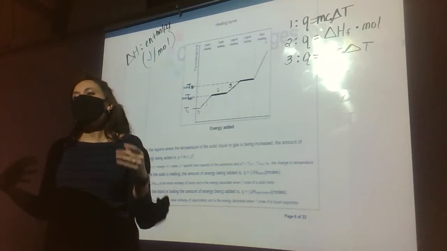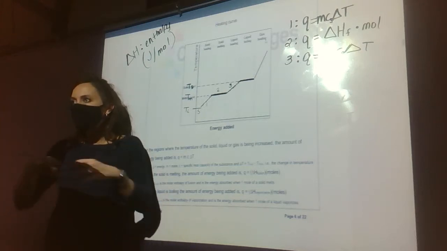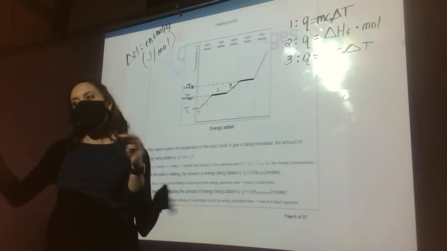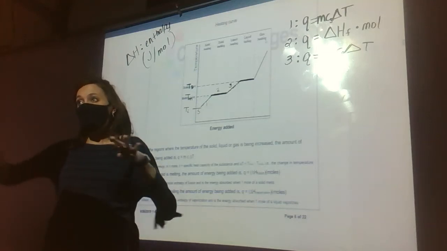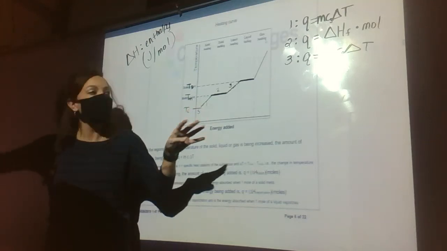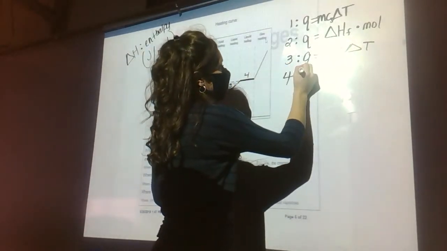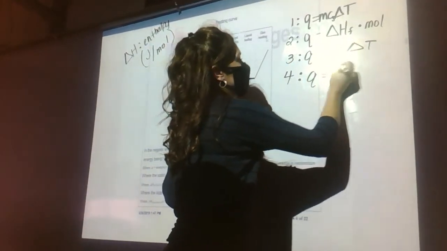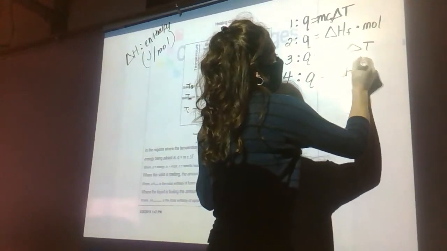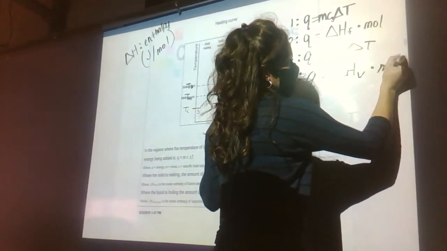My energy is going into overcoming intermolecular forces and pulling those liquid particles, molecules apart, making them spread out into a gas. In section 4, to calculate the energy added, it's the enthalpy of vaporization times the number of moles.